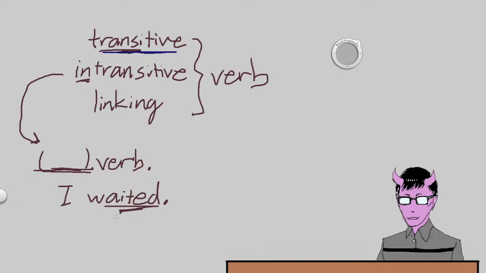So when I say this is an intransitive verb, I'm basically telling you that by convention, by most usages, by dictionary usage, and more on my opinion on dictionaries later, maybe, from what is commonly accepted by most of the population, waited is an intransitive verb.